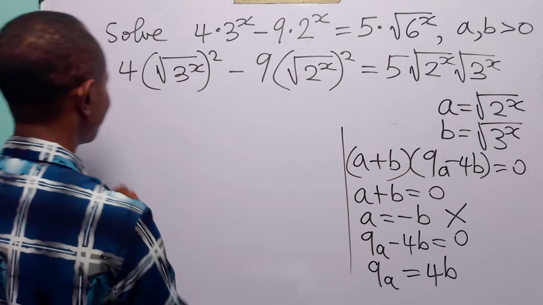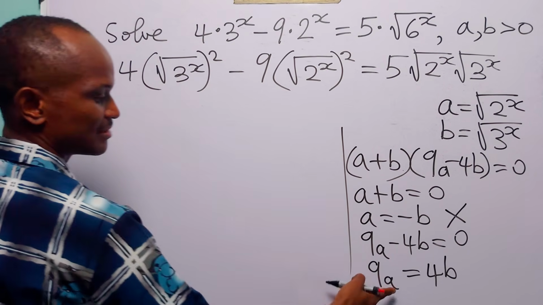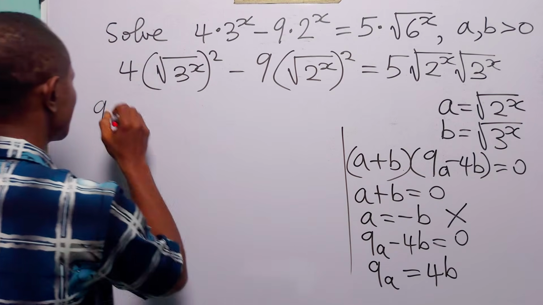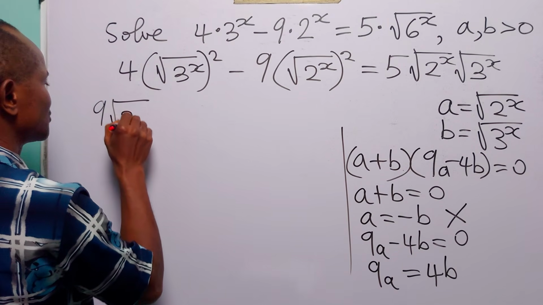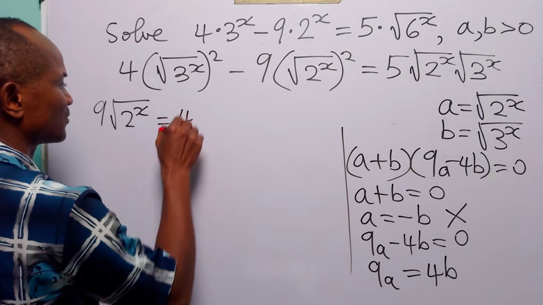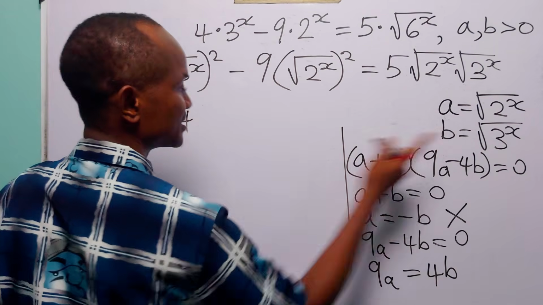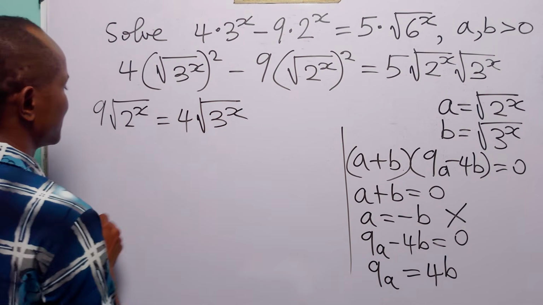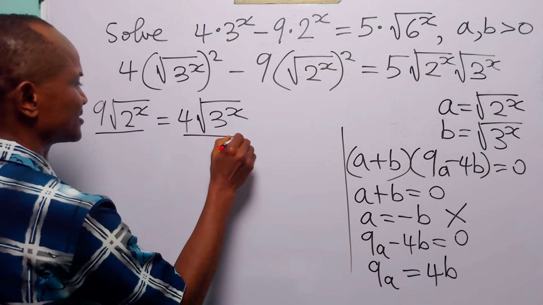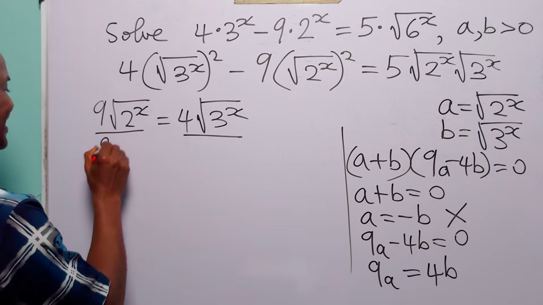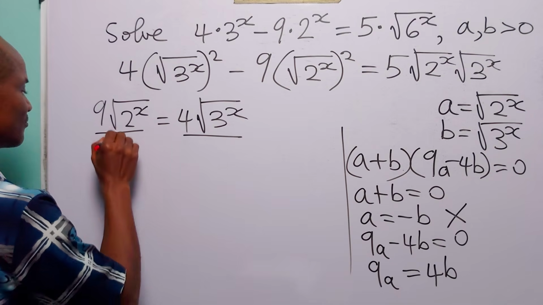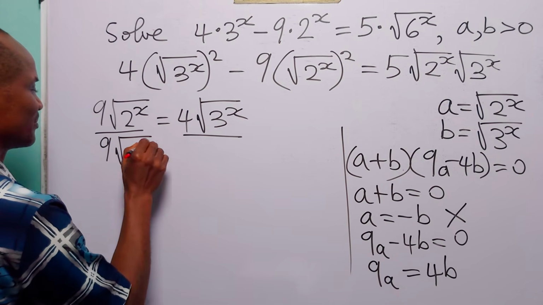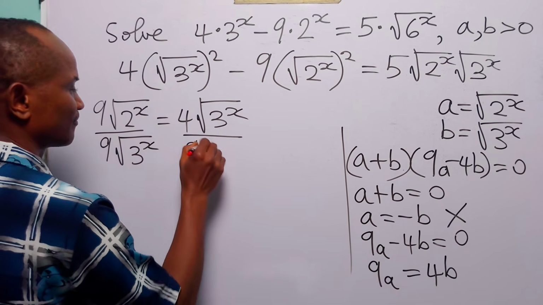Now, in the second case, we have that 9 times a, which is equal to the square root of 2 to the power x, is equal to 4 times b, which is equal to the square root of 3 to the power x. Now let us divide both sides of this equation by 9 times root 3 to the power x.